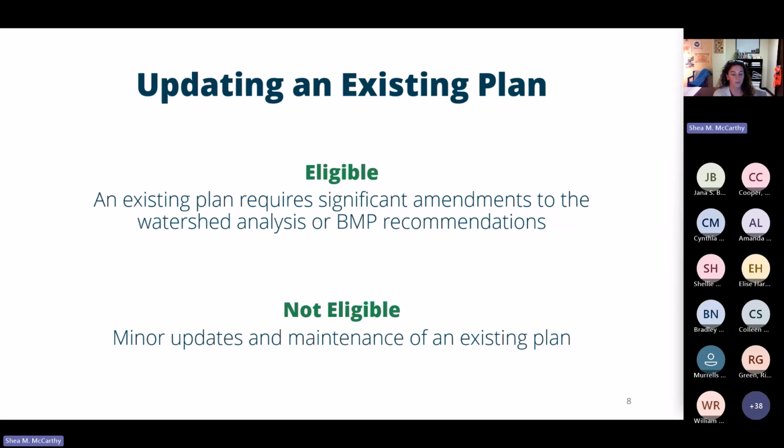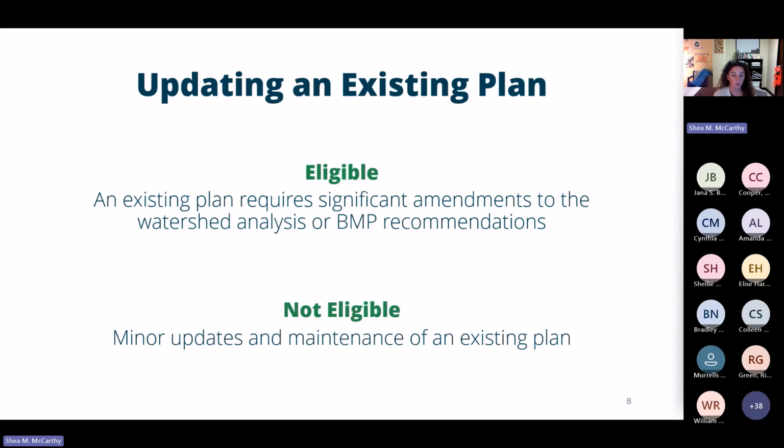So they considered the rapid development in their area, the changing conditions of their watershed, and also the advancements in scientific evidence and resources that they had in their watershed to create a revision in 2020. And that plan has continued to be implemented successfully. So those are examples of eligible scenarios.